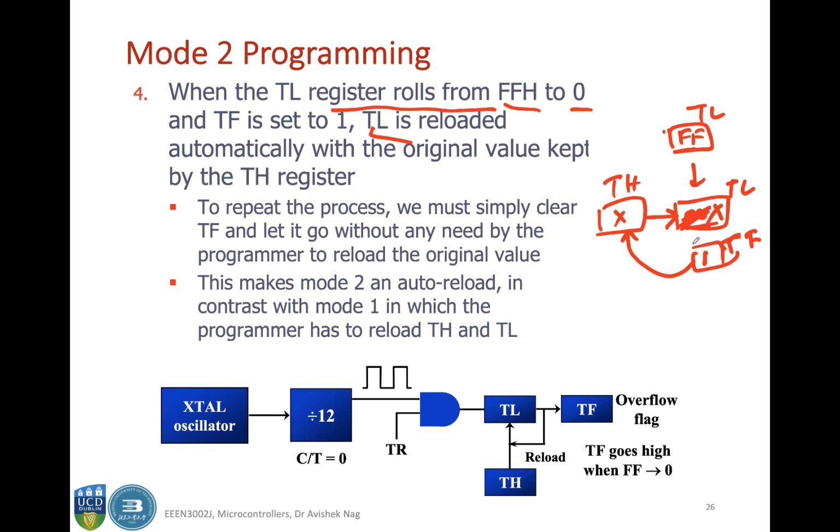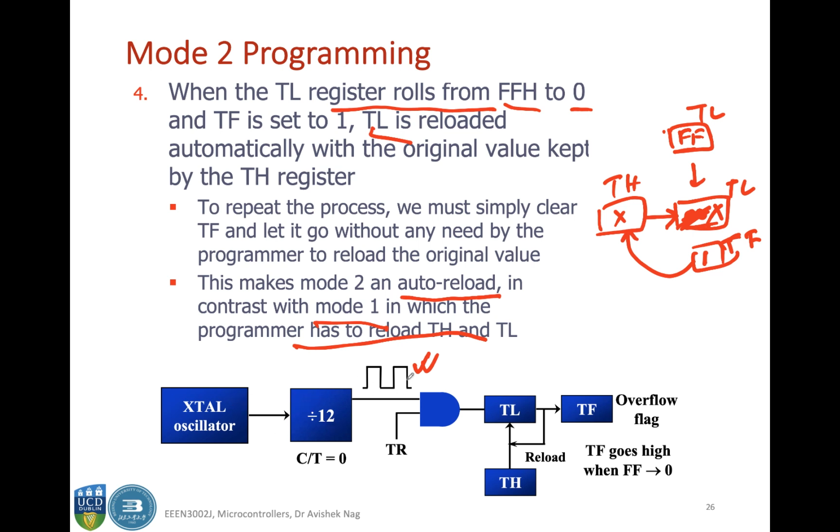So this makes mode 2 an auto reload mode, okay, in contrast to mode 1 where the programmer has to reload the TH and TL, okay. So this is the schematic of the auto reload mode. So you have the clock frequency here, which is the crystal oscillator frequency divided by 12.